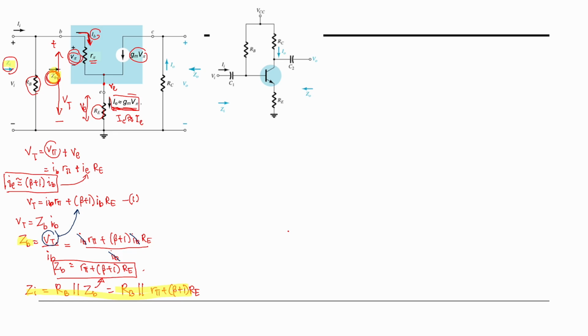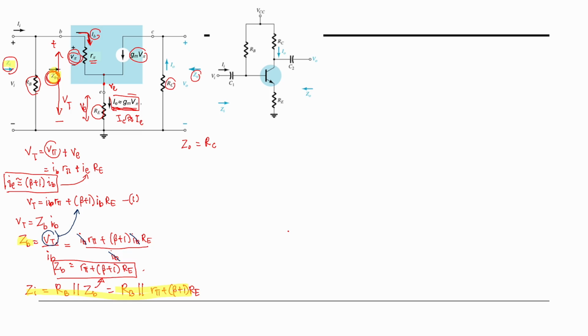Alright, so now let's look for the output impedance. Z out is equal to RC. I think this is very straightforward, because we only have RC here. We don't have RL. If there is RL, then you need to consider the RL.